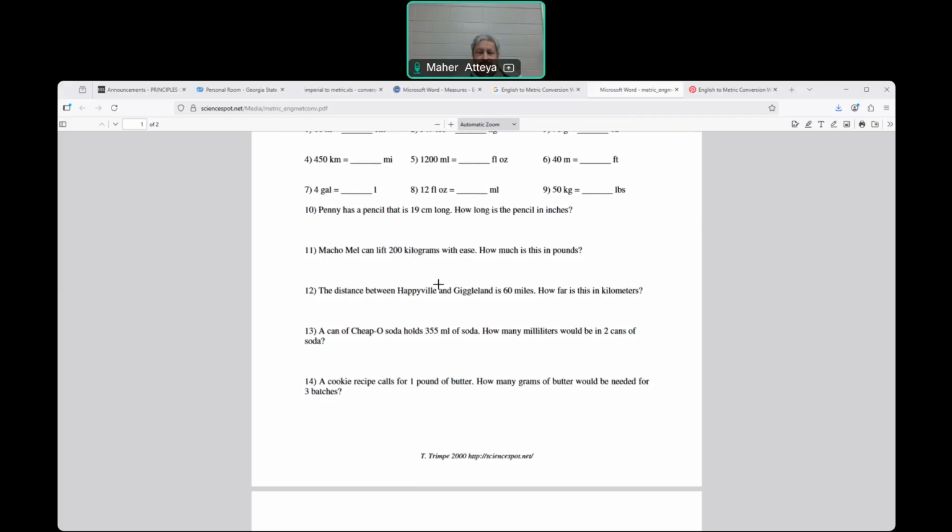Well, you can memorize the relationship between pounds and kilograms. You know that 1 pound is 454 grams, correct?